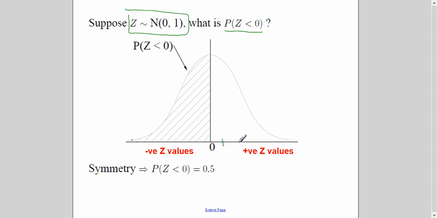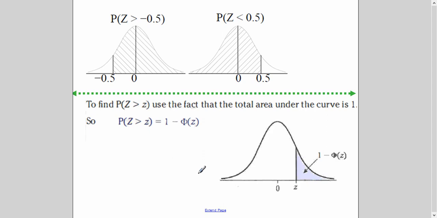Here you will have plus values 1, 2, 3, and similarly here minus 1, minus 2, and so on. So if the question says Z less than 0, it means this whole area which is here is 50%, because the whole graph is divided into two equal parts. It is a symmetrical graph. So you can say the probability is 0.5.